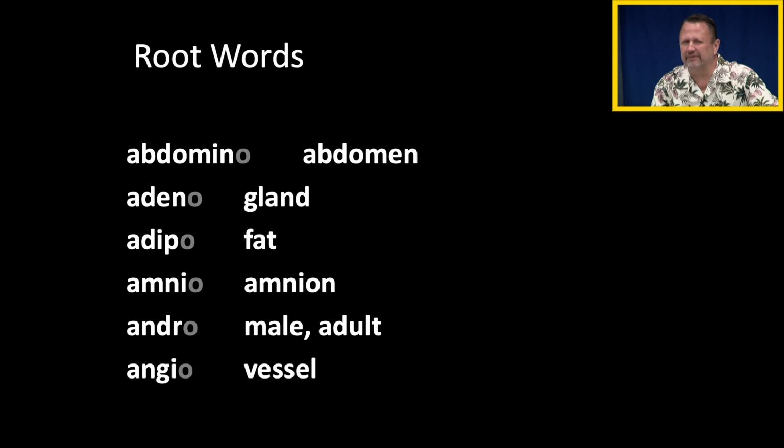Andro means different things depending on the context. Sometimes it will mean adult. And so androgynous, androgenous: andro as an adult, genus as in form. When we talk about androgenous hormones, we're talking about hormones that cause the child to develop into an adult.